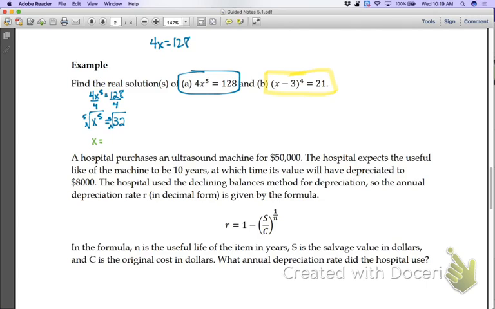Now, do we need a calculator for that one? Or can we look up at the blue and white board and find 32 in the fifth column? I can find it in the fifth column. Okay? It's the fifth root, so I'm going to go over to the fifth column, go all the way down, and the fifth root of 32 is just going to be a positive 2.